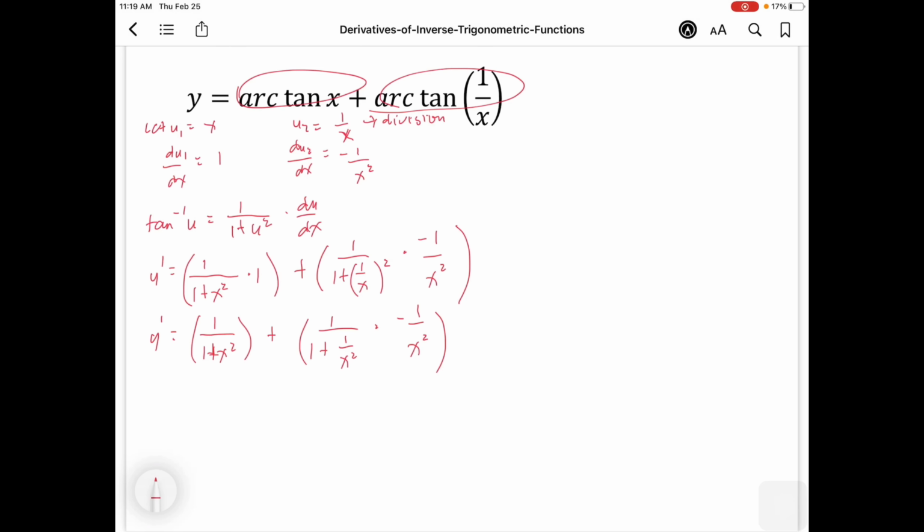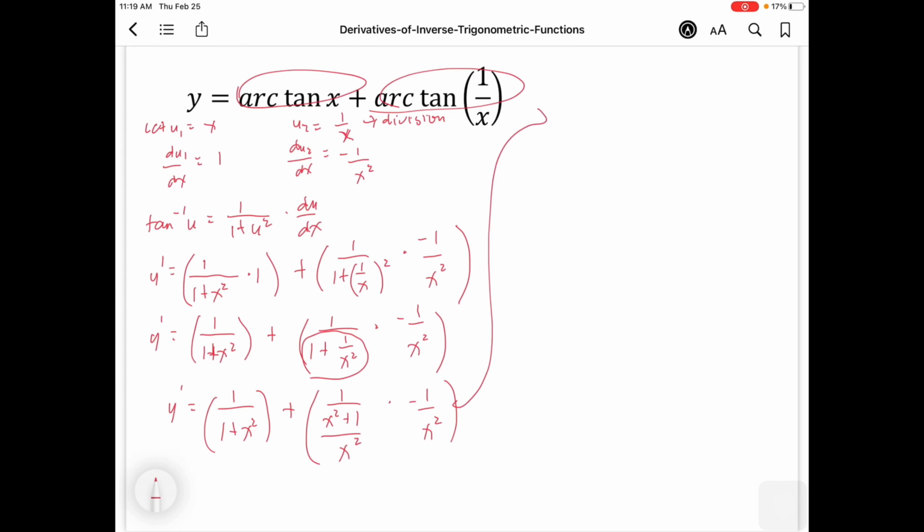Then simplify lang natin tong part na to. Magkakaroon tayo dito ng y prime is equal to 1 over 1 plus x squared plus, using the fraction, magkakaroon tayo dito ng 1 over x squared plus 1 over x squared times negative 1 over x squared.